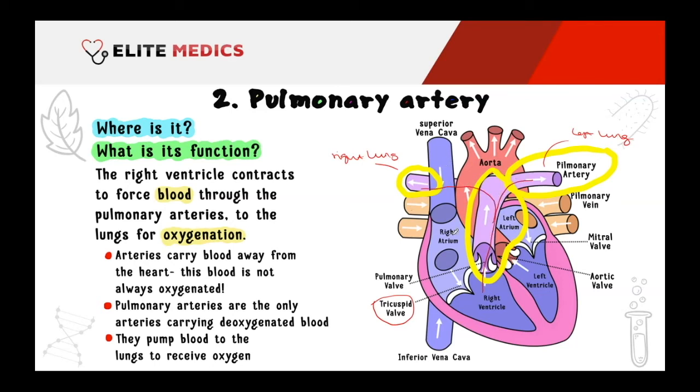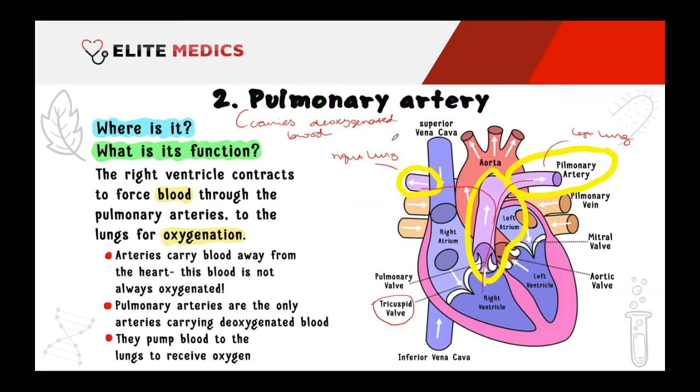It's worth noting as well that this artery is unique because it's the only artery that carries deoxygenated blood. What we've previously looked at is arteries just carrying oxygenated blood, okay?